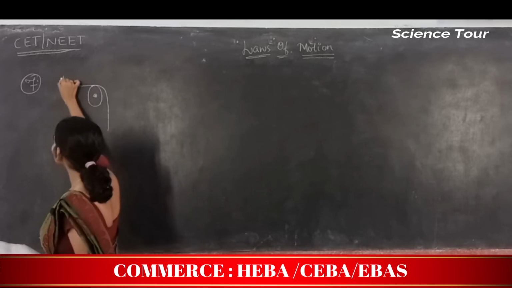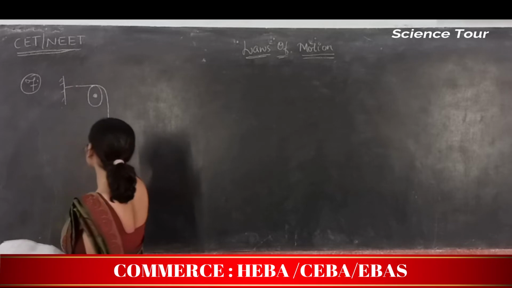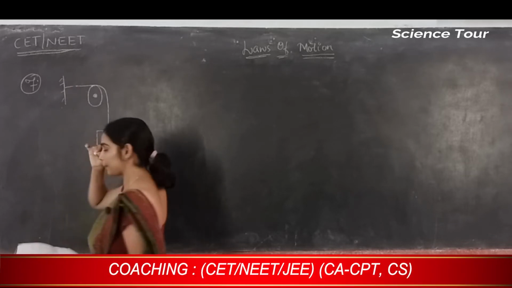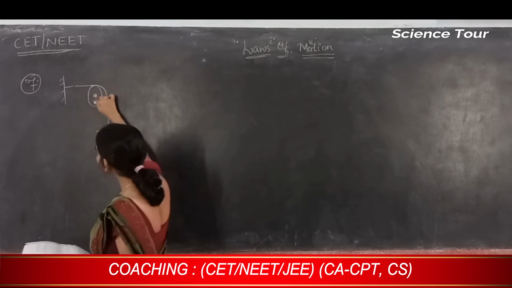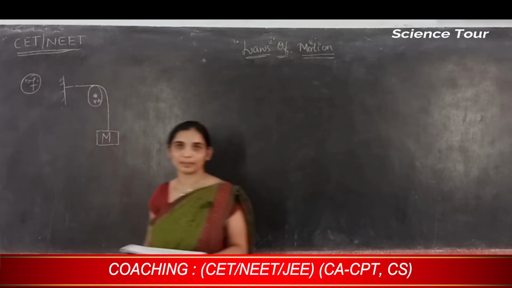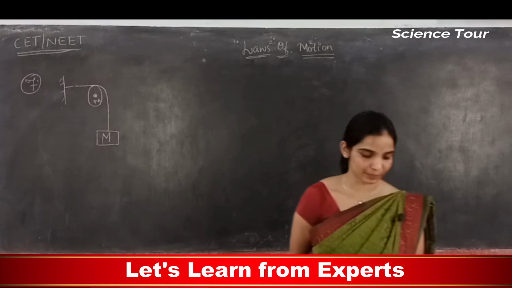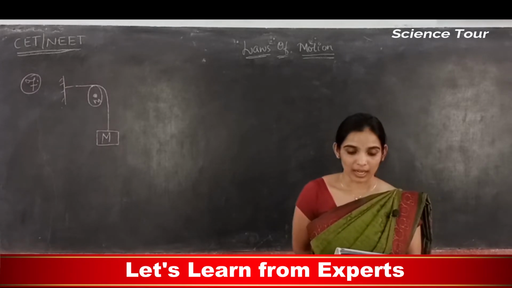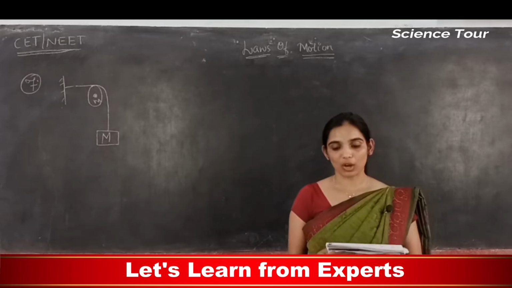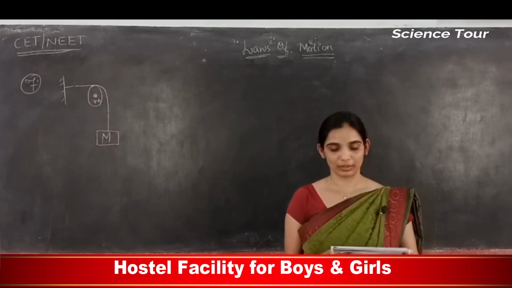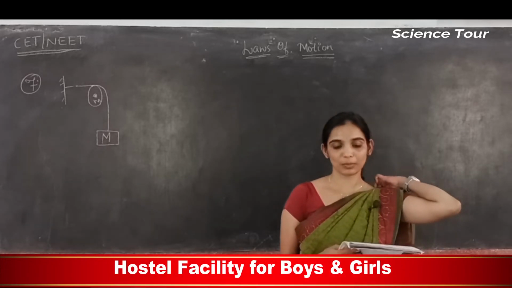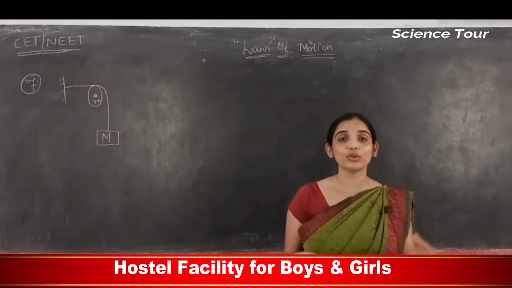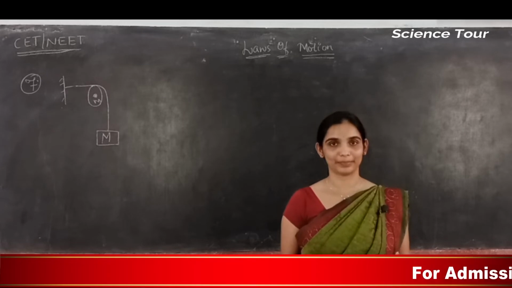This string is connected over here. The other end of the string is connected to a block of mass capital M. Mass of the pulley is small letter m and mass of the block is capital M. The force on the pulley by the clamp is given by, you have to calculate the force acting on the pulley.